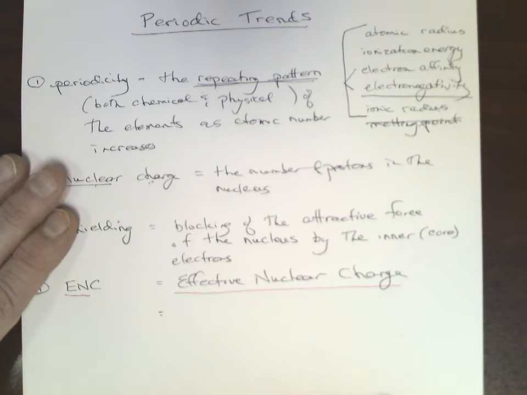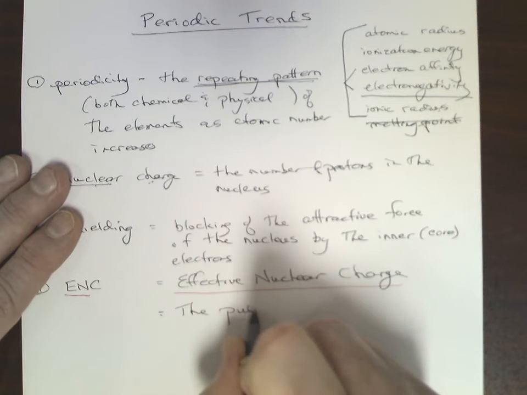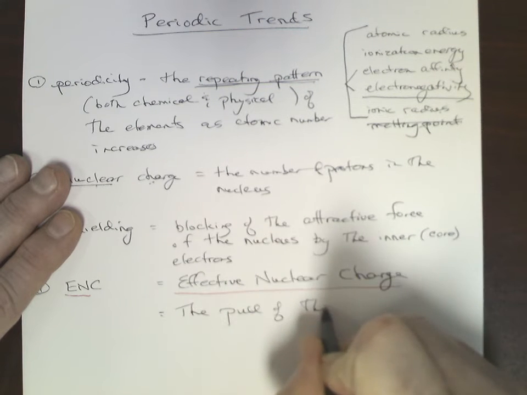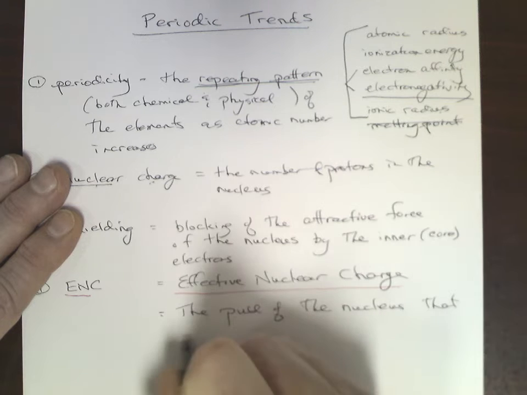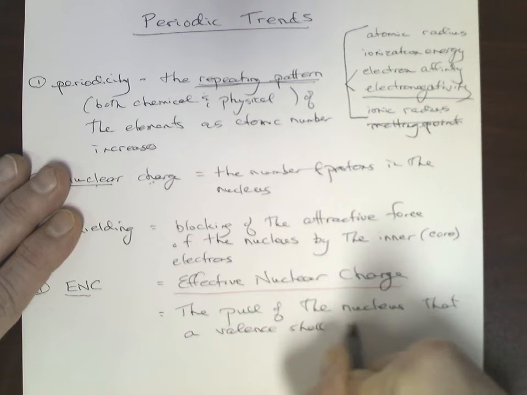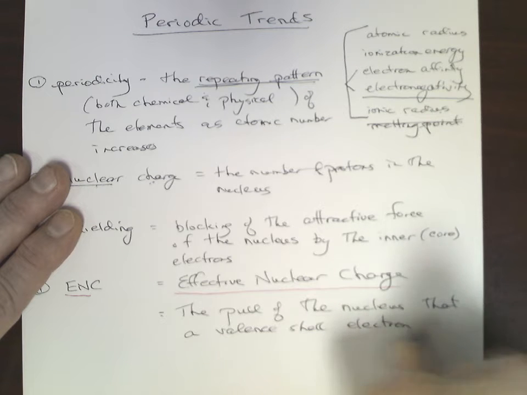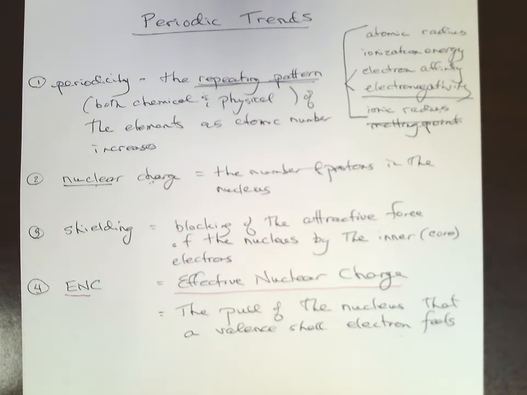So effective nuclear charge is the pull of the nucleus that a valence shell electron feels. So I'll put it here. The pull of the nucleus that a valence shell electron feels or is pulled with.